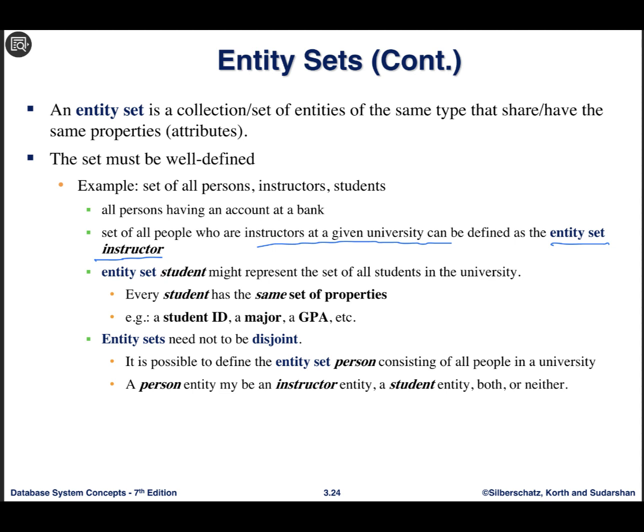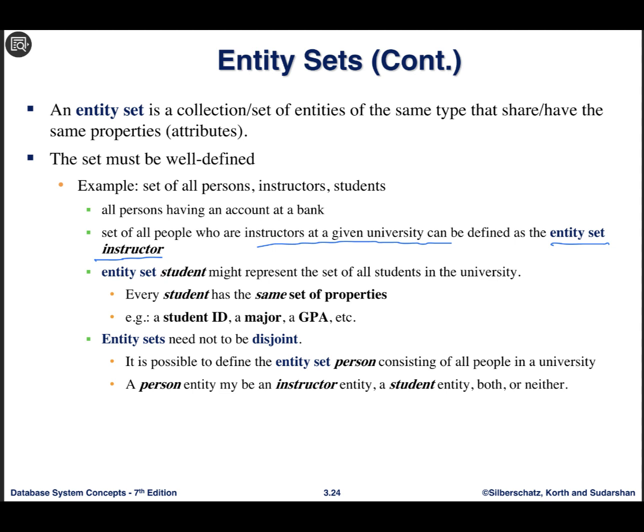Then we define entity instance, a particular entity or particular student, a specific one. I'm talking about you, or you, or you. Then we talk about the entity set, a collection of all these entities at the same time. When you make a collection set of entities, they must share the same properties or attributes.